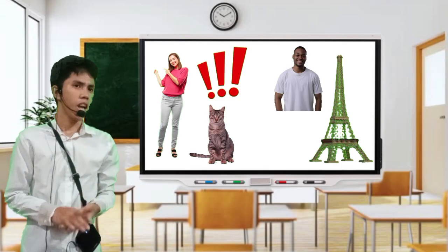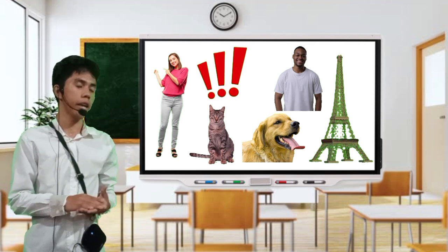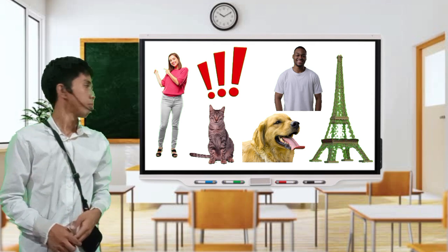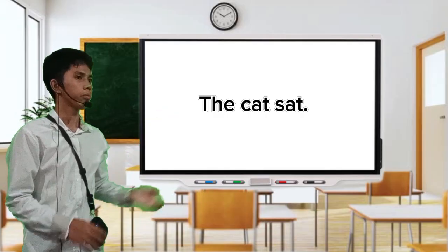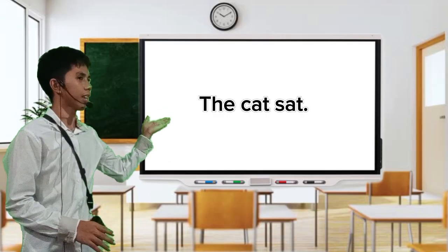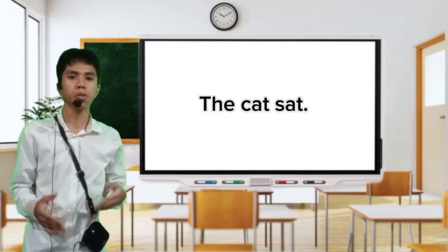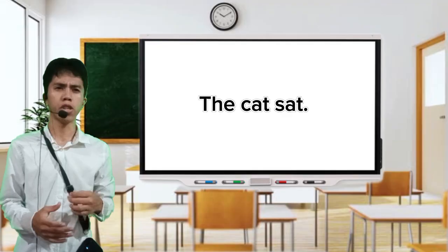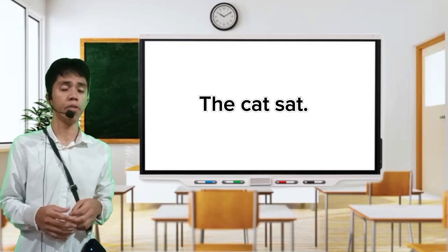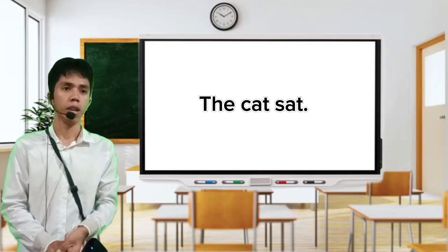Once again, hello everyone. Welcome to our exploration of the English language. Look at the simple sentence on the screen. The cat sat. What do you notice about these words? Have you ever thought about how even short sentences are made up of different kinds of words, each with its own job?